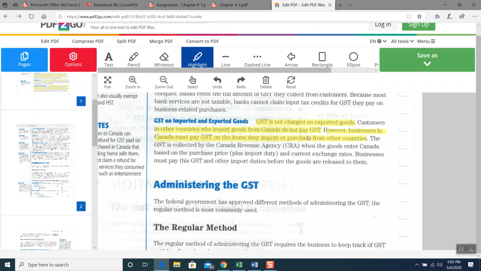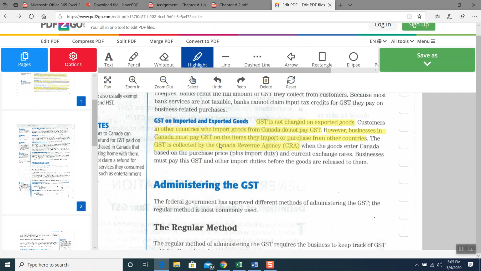Now, again, who is going to collect? And this is very important as an exam question. Who is the person? Who is the agency? Who is the office? Which agency, which government is collecting our GST? The answer is given to us right in here. The GST is collected by the Canada Revenue Agency.